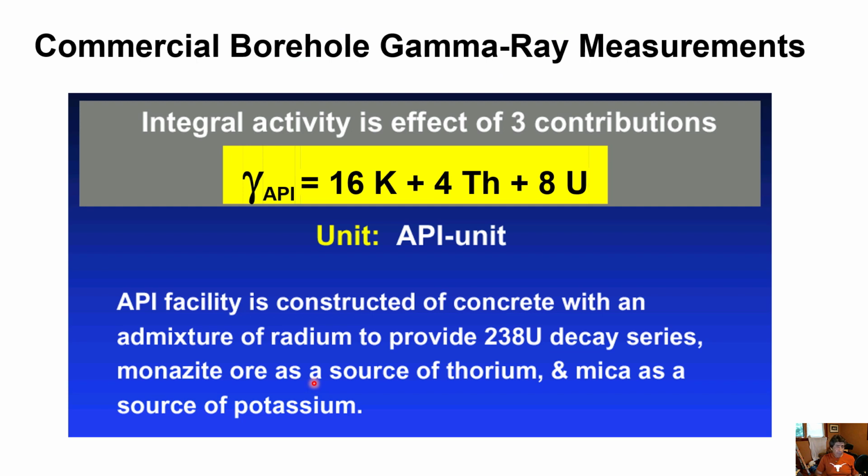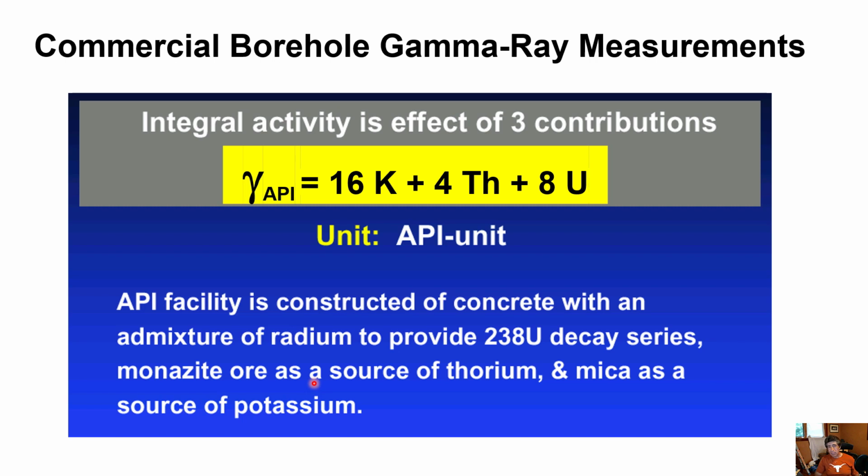So what happens with the standard gamma ray logging tool is that the logging companies design these sensors to open all the gates at the same time, all the windows of energy at the same time, so they welcome, so to speak, the photons coming from potassium, thorium, and uranium, and they do a linear combination of the count rates.